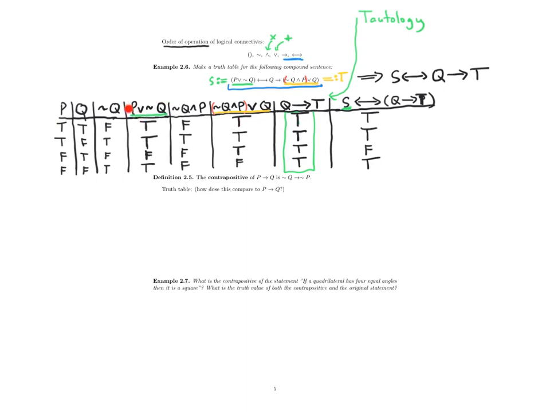This S statement, and this biconditional where one side is a tautology, didn't affect the truth values. These are logically equivalent, and we'll talk about that in a little more detail later on.